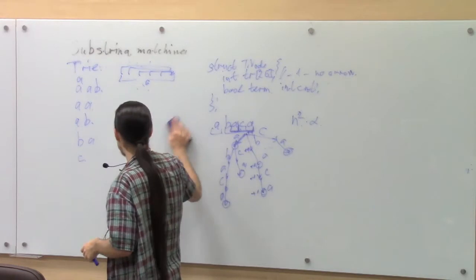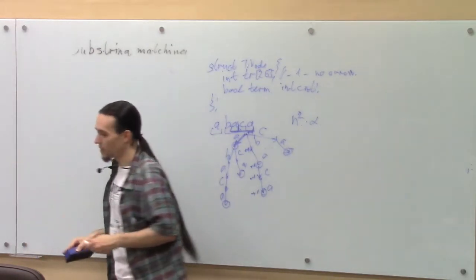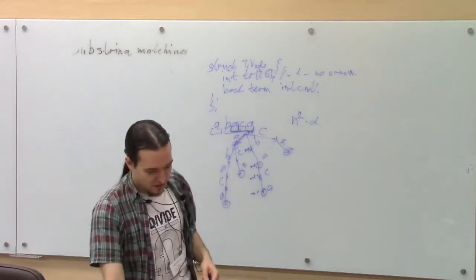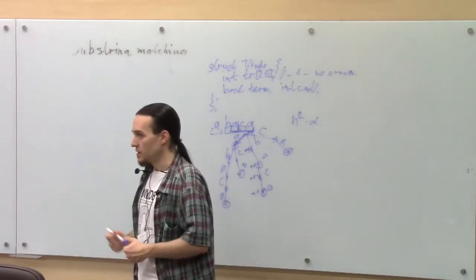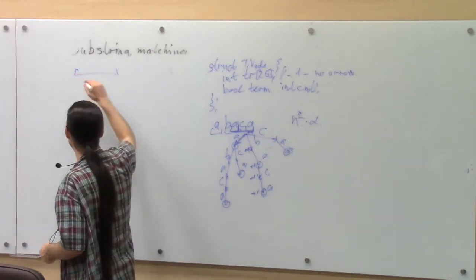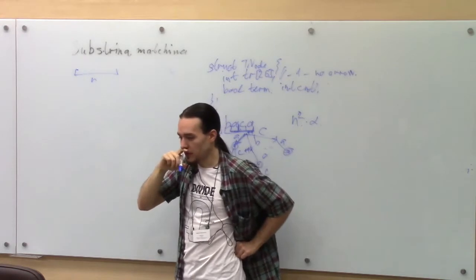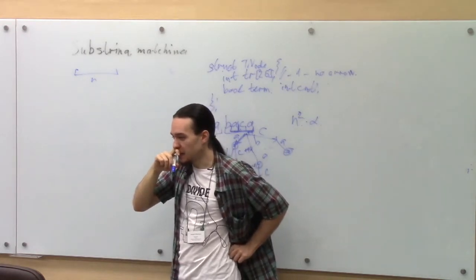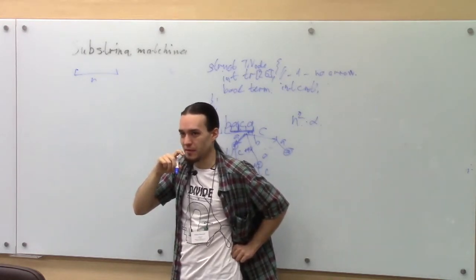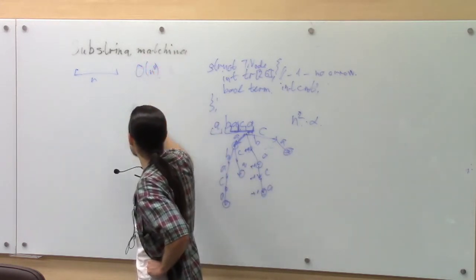The last problem, which is a good indication of how useful everything of that was: if you have a string of length n, you want to count the number of distinct substrings of that string, and you want to do it in time n squared.